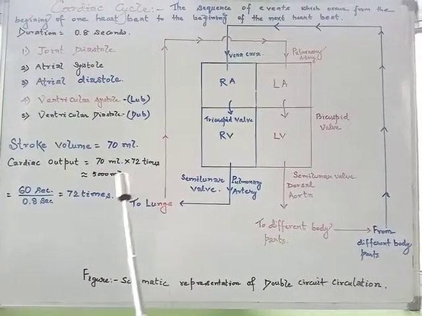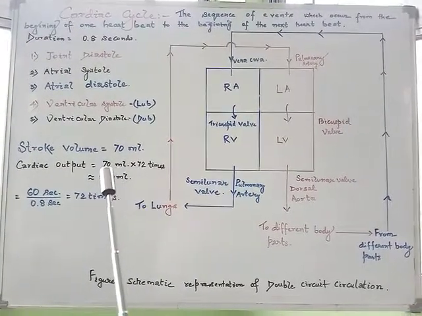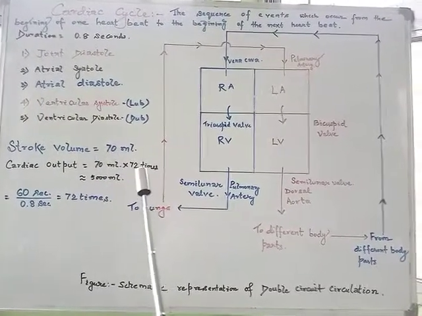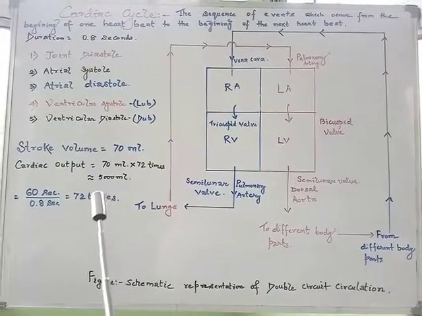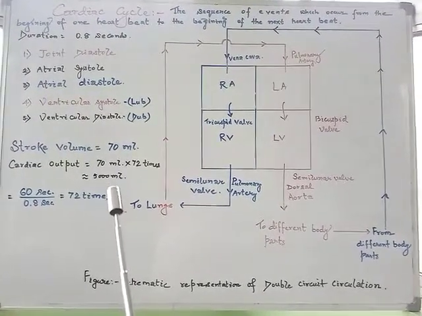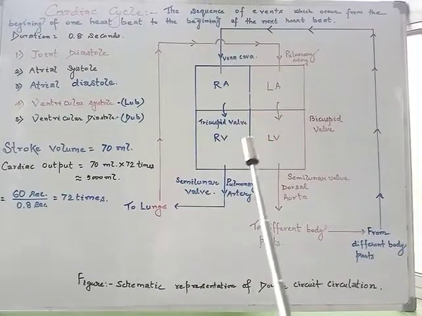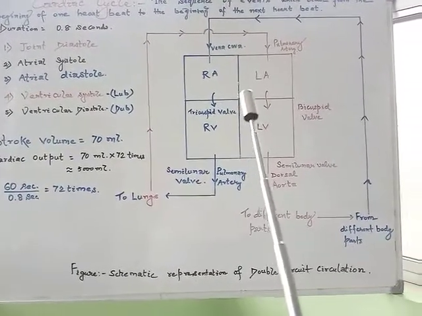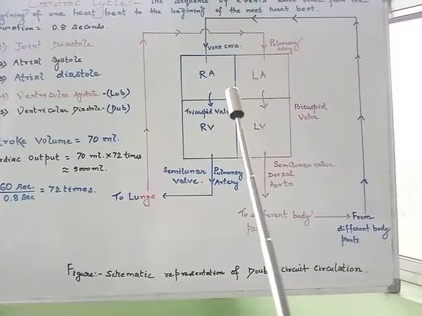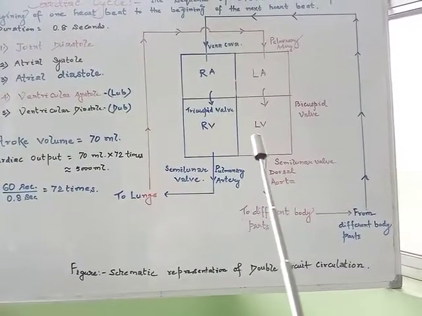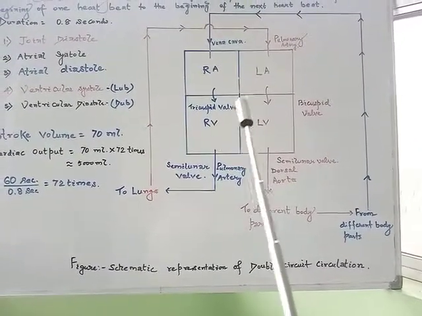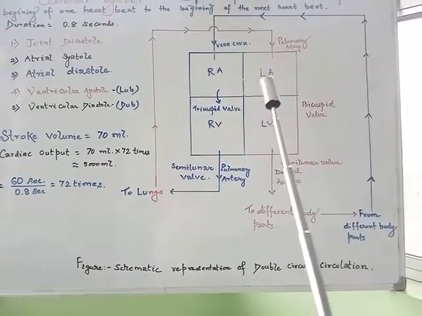So per minute, 70 into 72 ml means approximately 5000 milliliters of blood is pumped per minute through our heart. This is approximately equal to the total volume of blood in an adult human body.